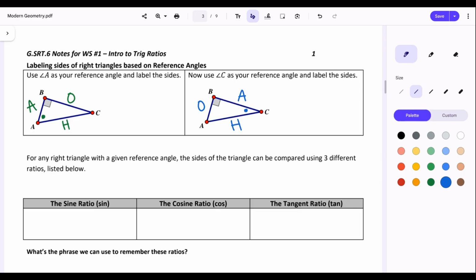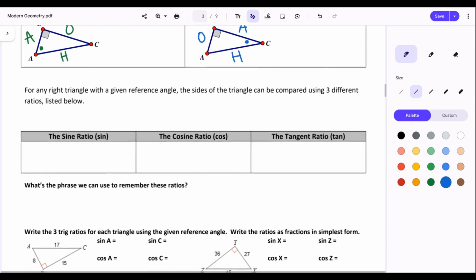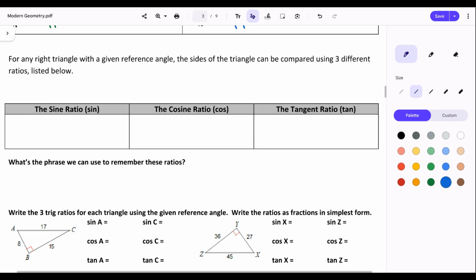So the first one is sine, okay, and for an abbreviation, it's SIN. I know it looks like the word sin, but we still pronounce that sine in the math world. Sometimes they might write it like this too, sine, and then they'll give this symbol here.